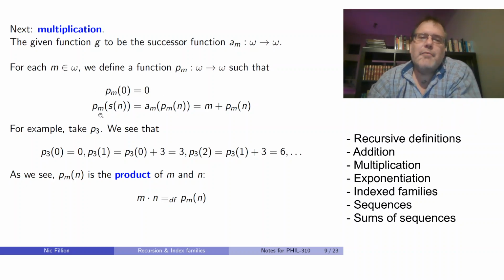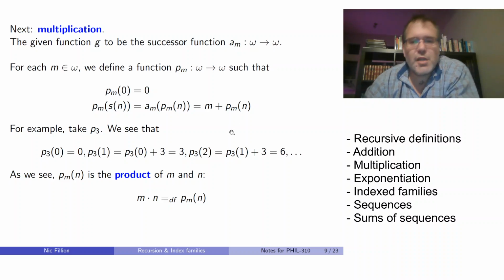And then m times the successor of n, that's m times n plus 1, will be defined as the sum of m and the product of m by n, which is just, using the plus notation, m plus m times n.